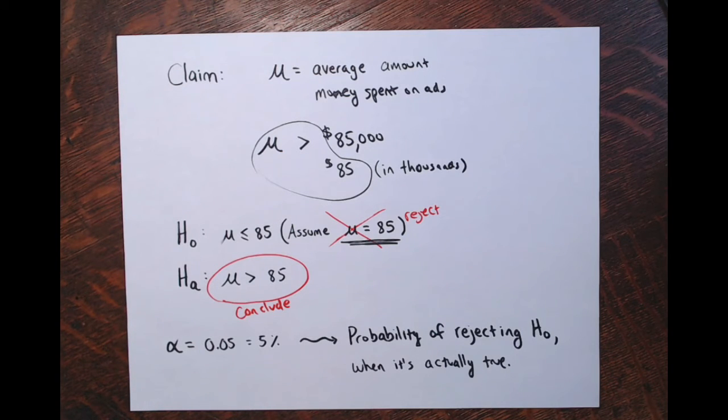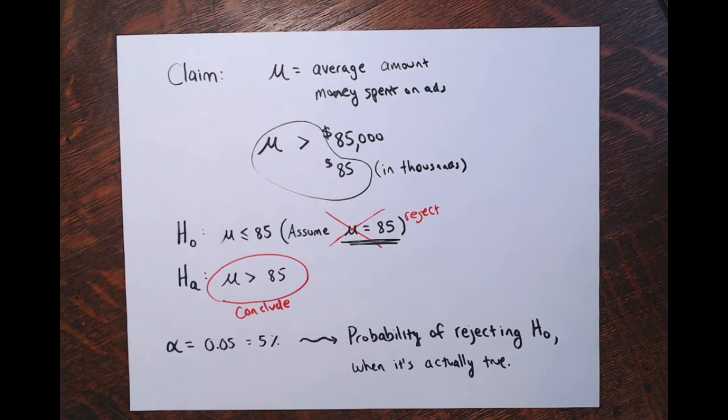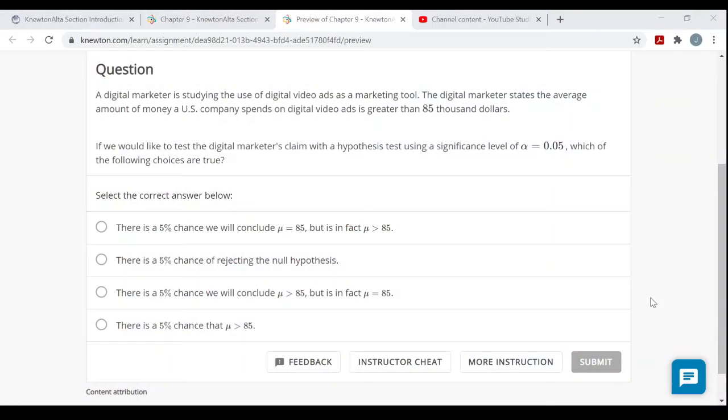One or the other has to be concluded, and one or the other has to be rejected. But if the mean was actually equal to 85, then we made this type 1 error. That's what alpha represents: the probability of making that kind of a mistake. So there is a 5% chance that we will conclude the alternative hypothesis, but we should have concluded the null. We rejected the null, but we shouldn't have.